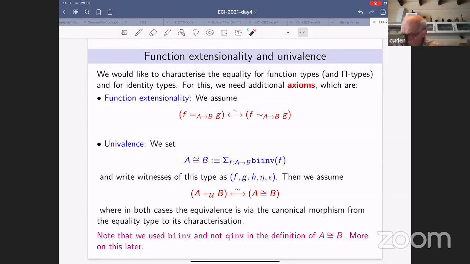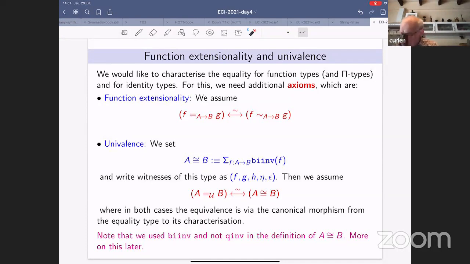Let me remind you now that biinv comes in 5 components: a function from A to B, that is f; a function from B to A, that is g; another function from B to A, that is h; and then eta, a proof that g is a left inverse of f; and epsilon, a proof that h is a right inverse of f.